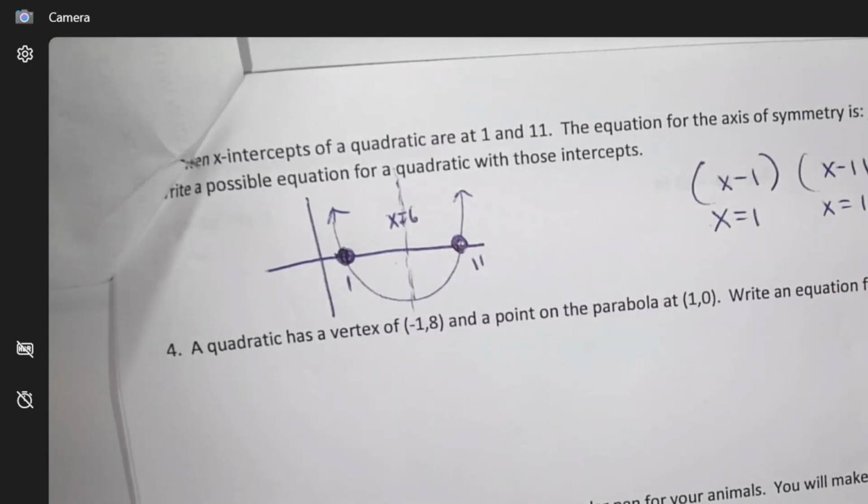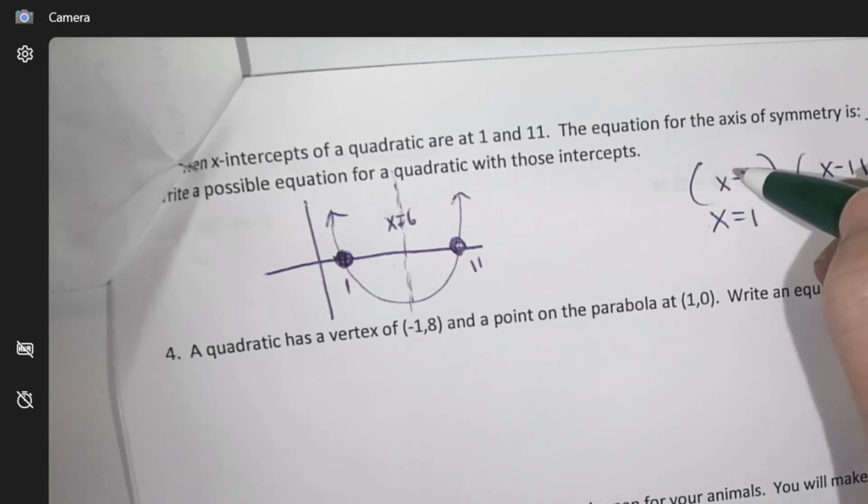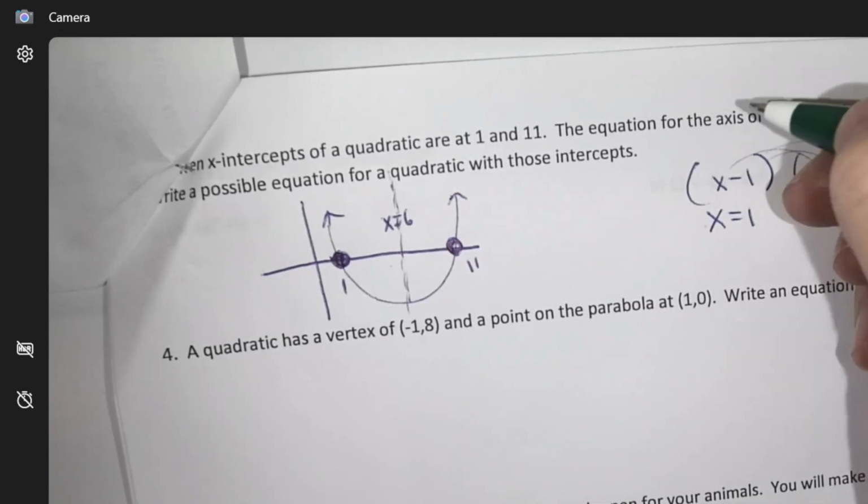And then I probably would ask you to put this into a different form. So what would I do with factors to work backwards yet? I would FOIL it.